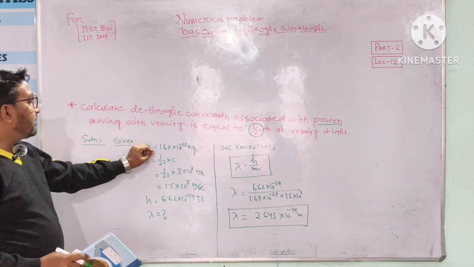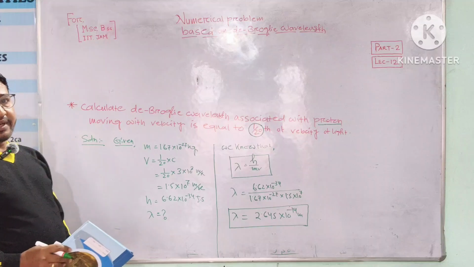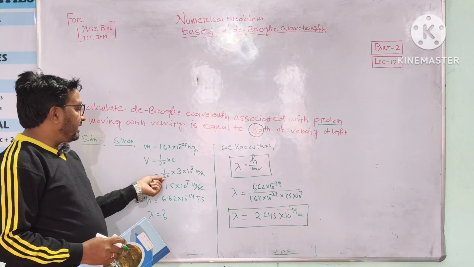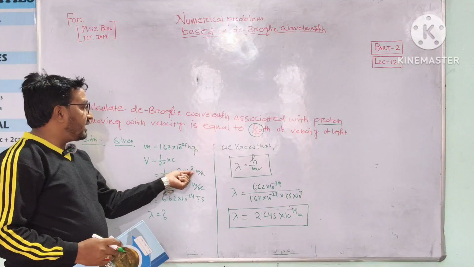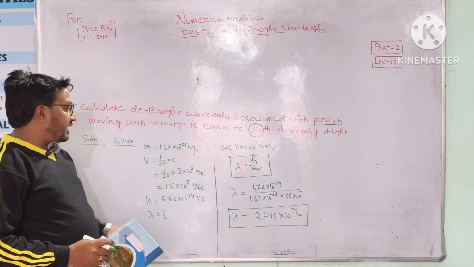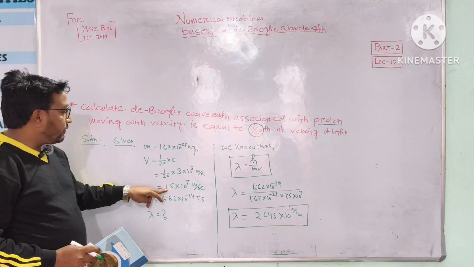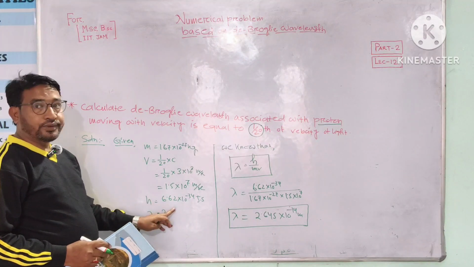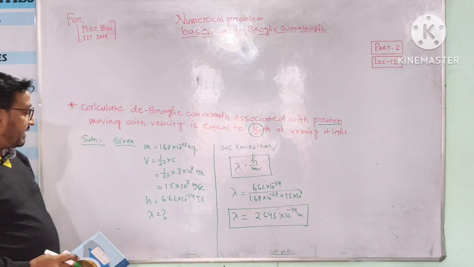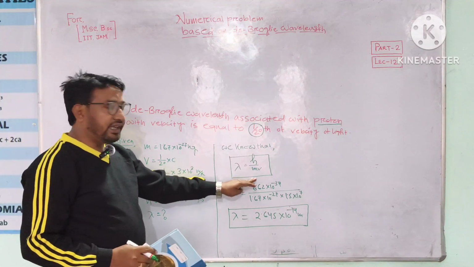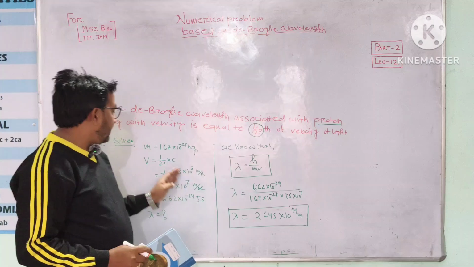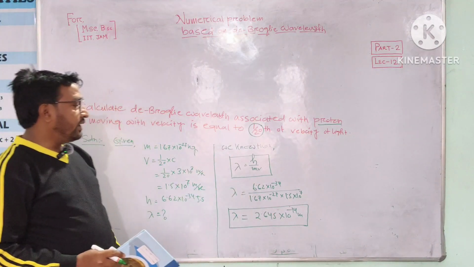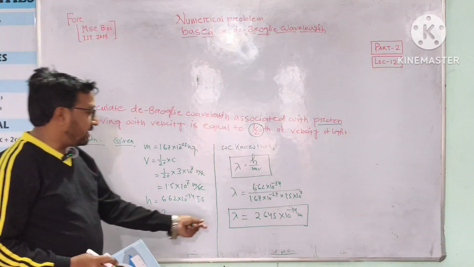Mass of proton equal 1.67 into 10 to the power minus 27 kg, and velocity equal 1/20 c, where c equal 3 into 10 to the power 8 meter per second. After calculating, we get 1.5 into 10 to the power 7 meter per second, and h is Planck constant 6.62 into 10 to the power minus 34 joule second, and lambda equal what? We know that lambda equal h by mv. When all the values are substituted, we get 2.645 into 10 to the power minus 14 meter. So this is our required wavelength.